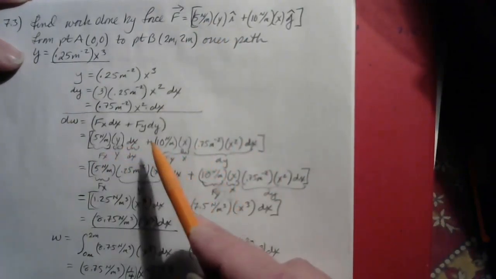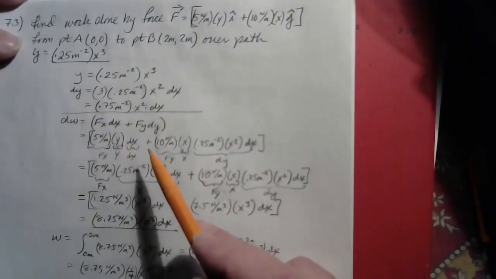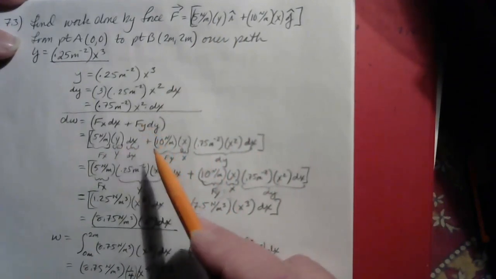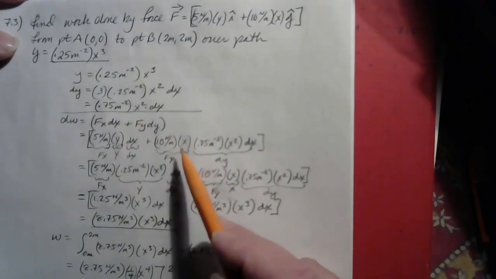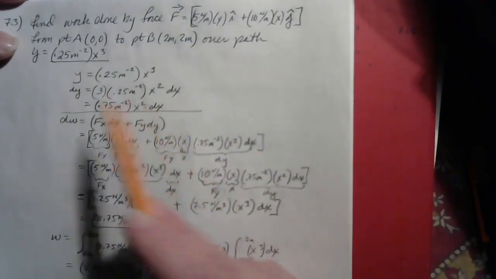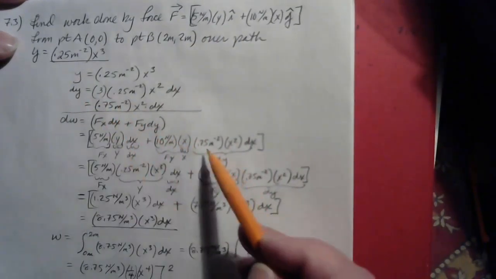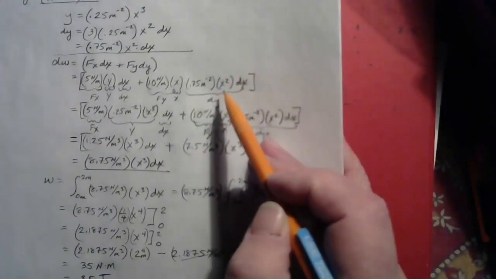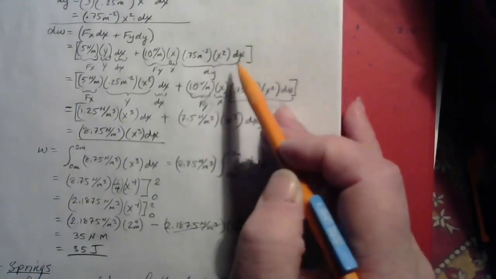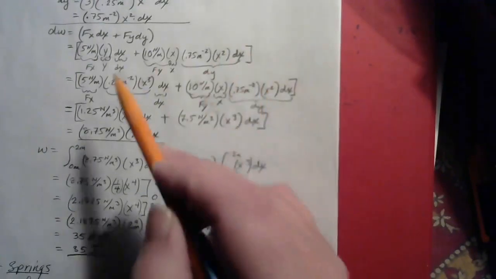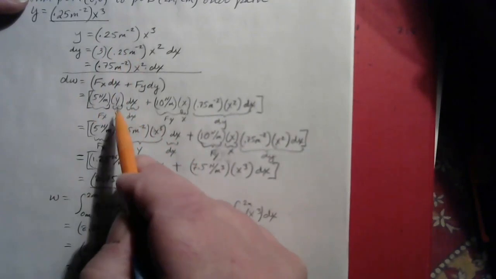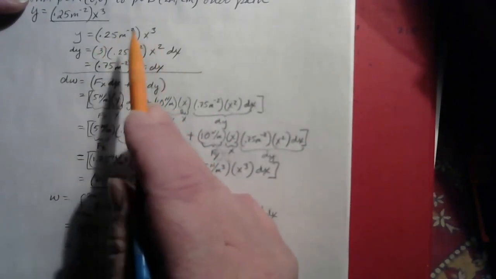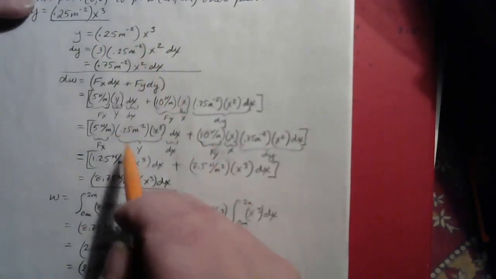The y component of the force is 10 newtons per meter times x, and dy, as we just found, is 0.75 times x squared dx. And we can also substitute in what y was.